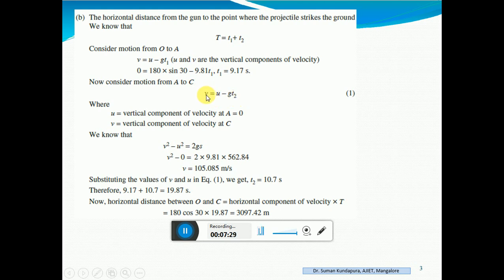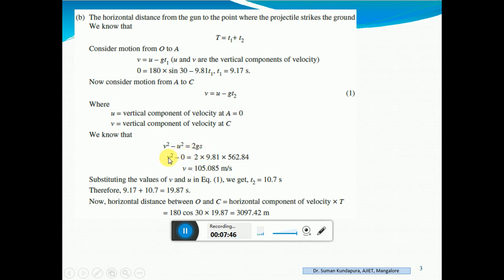We are supposed to find this v. You do not know this, this is 0, and you do not know this time t2. So we will take one more equation, that is v squared minus u squared is equal to 2gs.